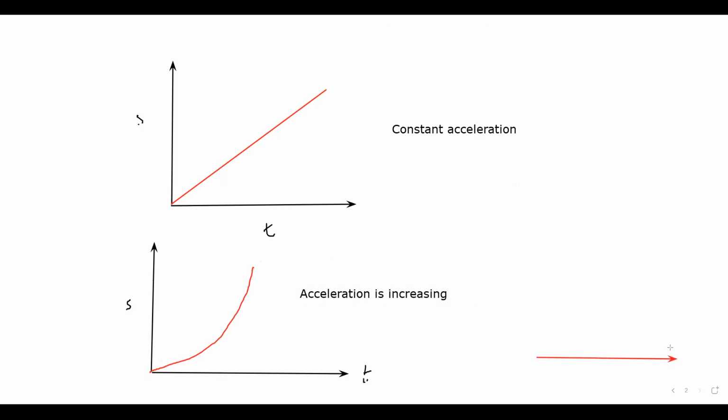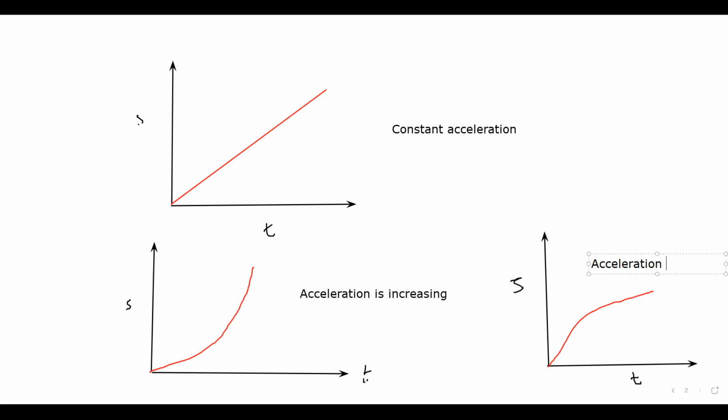And if it is a speed time graph, so when a speed time graph is there, we use the term acceleration. When a distance time graph is there, we use the term speed to explain the motions. So for this part, what we can say is acceleration is decreasing.